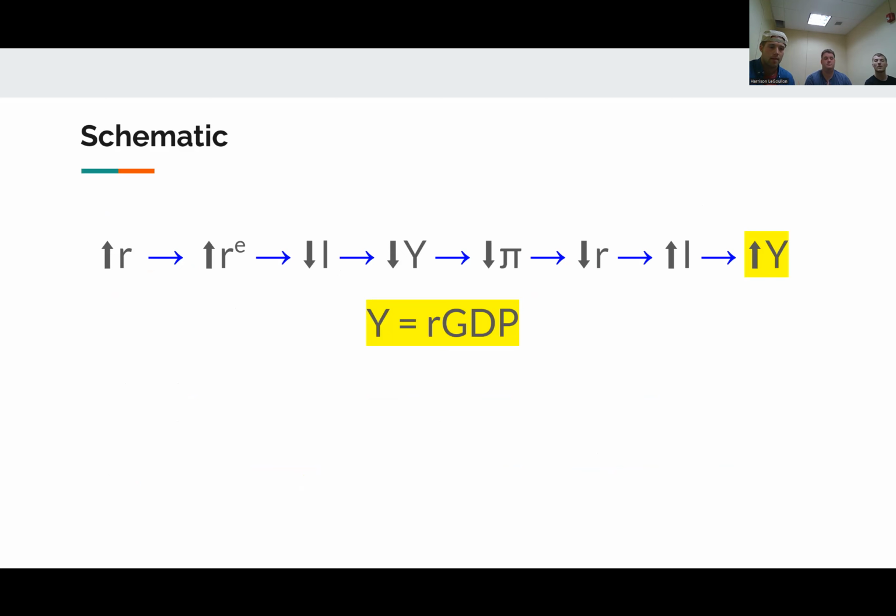According to the schematic, from left to right, an increase in interest rates will positively affect the rates expected by consumers and investors in the economy. This expected increased interest rate will drive down investment spending, which will also drive down output of the economy.